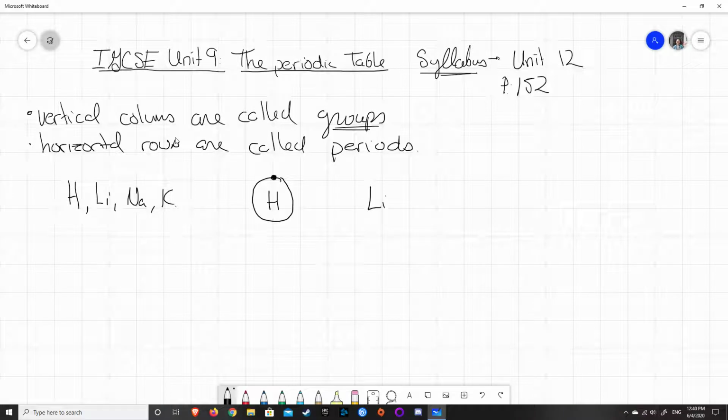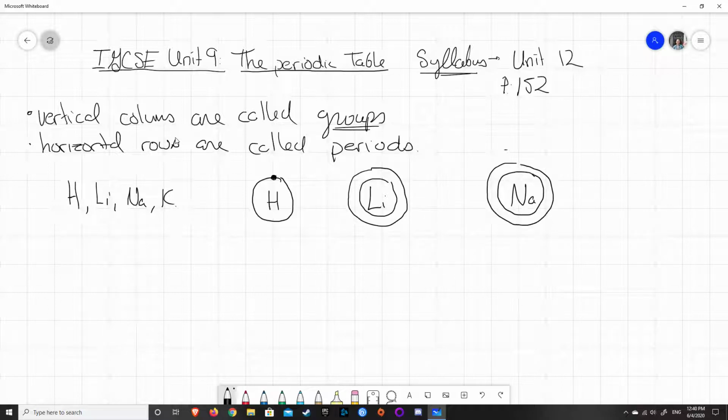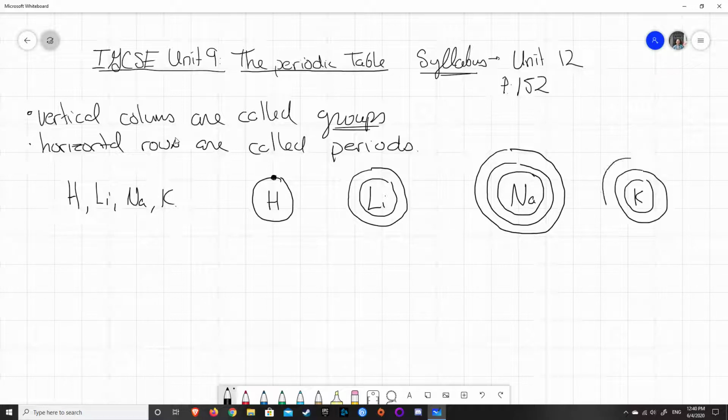Lithium, sodium, lithium and potassium. Hopefully you've covered this already in another unit. If not, we're going to describe what this means right away. Let's draw out these atoms. Hydrogen has 1 valence electron.